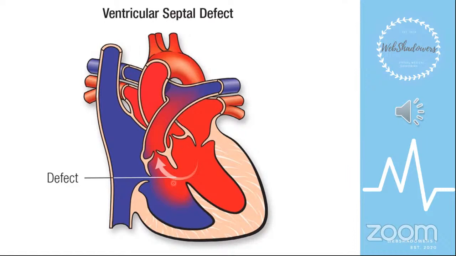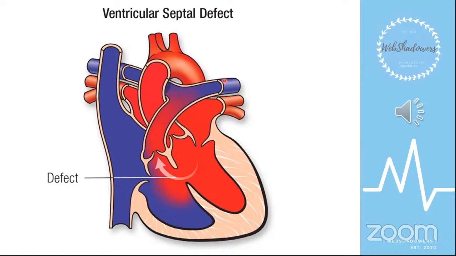The other important concept is the relative resistance, the pulmonary vascular resistance compared to the systemic vascular resistance. Resistance is a function of several factors, but one of them is the size and caliber of the vessels. That's probably more than we need for this lecture today.